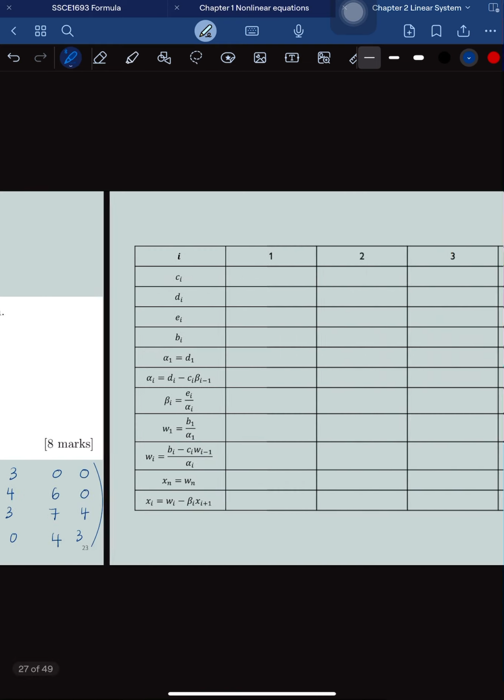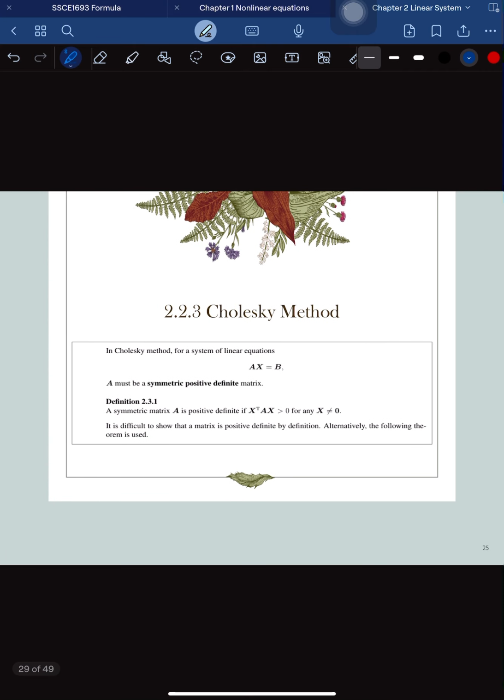Right. So the last method under the LU method is the Cholesky method. For the Cholesky method, the matrix A must be symmetric, positive definite.